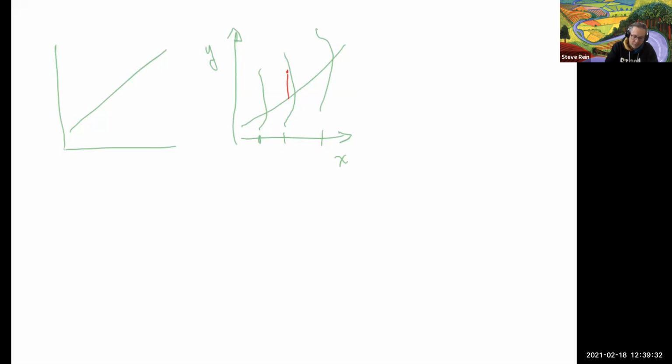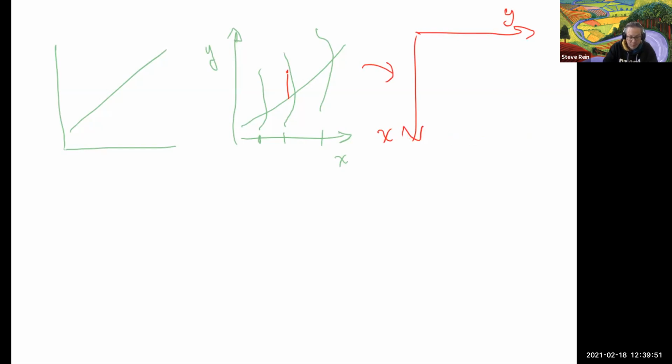If I were to take this whole graph and rotate it 90 degrees, y is going to be here, x is going to be this direction, and maybe I should erase that guy. So let's go forward.